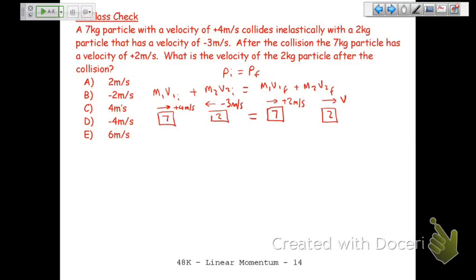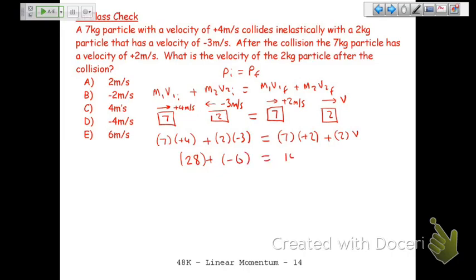So I say, okay, 7 times plus 4 added to 2 times minus 3. And now I'm looking at my diagram. I'm not looking up at the words. I'm looking at my diagram. Is equal to 7 times plus 2 added to 2 times V. So 7 4s are 28 added to minus 6 is equal to 14 added to 2V.